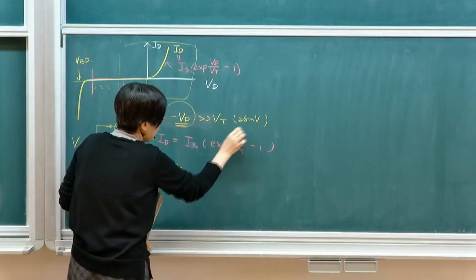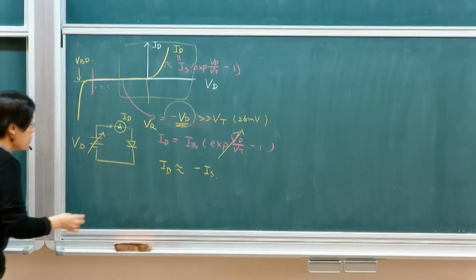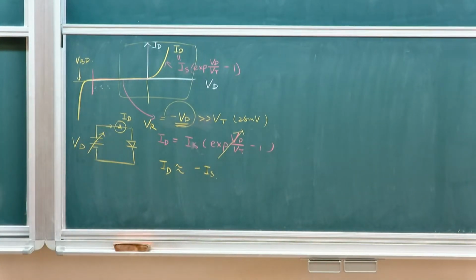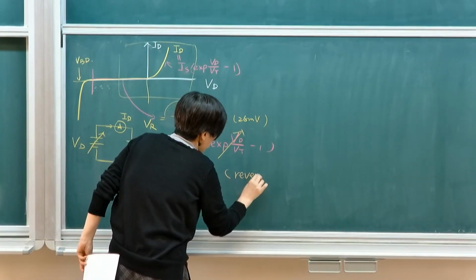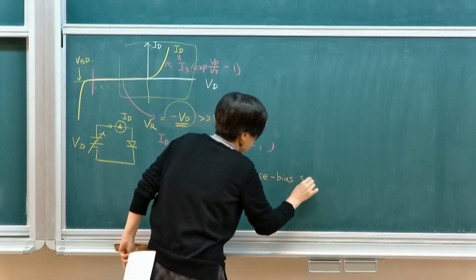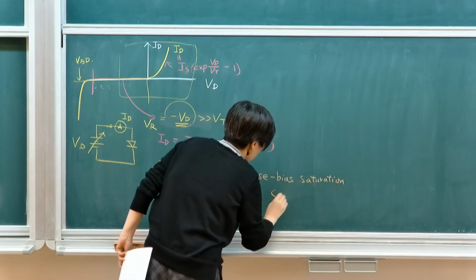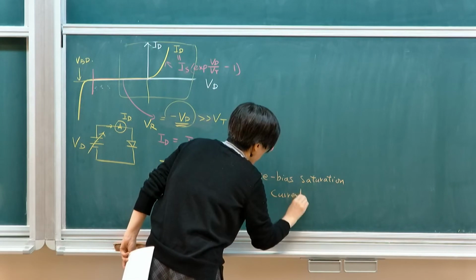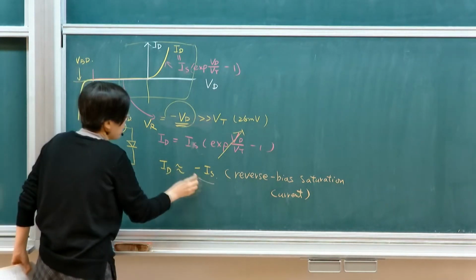It will fulfill this, and the exponential term becomes negligible, and then the current will be -IS. So IS, if you look at the textbook or a lot of definitions, is typically referred to as the reverse bias saturation current, because under reverse bias you actually see a -IS.